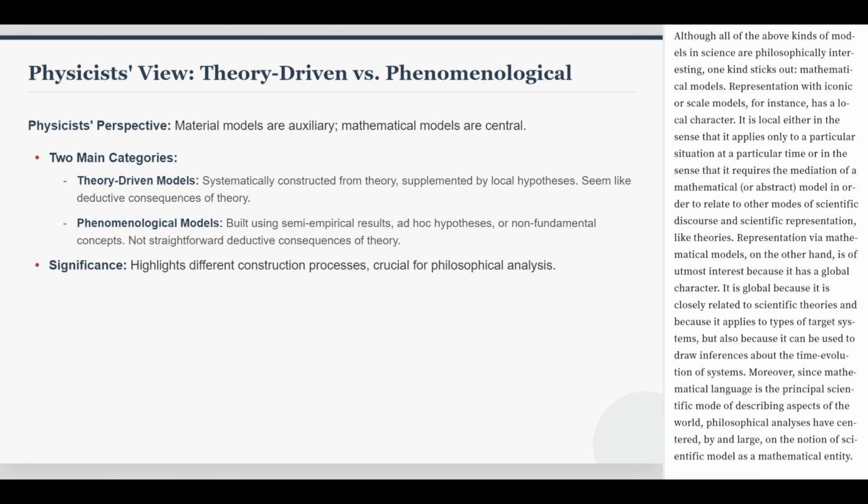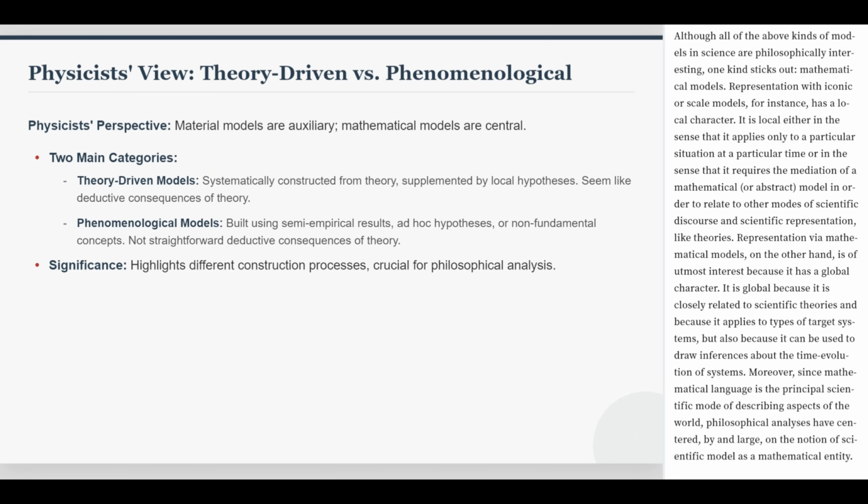In fact, when physicists step back and think about their own methods, they often draw a useful distinction between two types of mathematical models. On one hand, you have theory-driven models. These feel like they come straight out of the theoretical framework. You take the core principles, add some specific assumptions for the problem at hand, and boom, you get a model. It seems almost like a logical consequence of the theory.